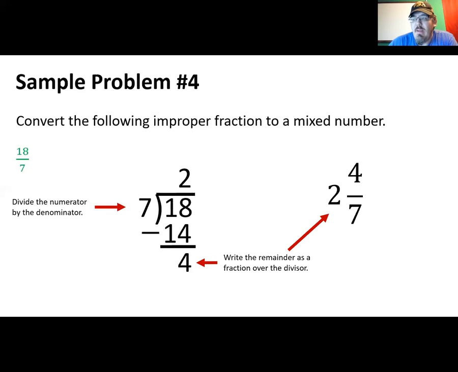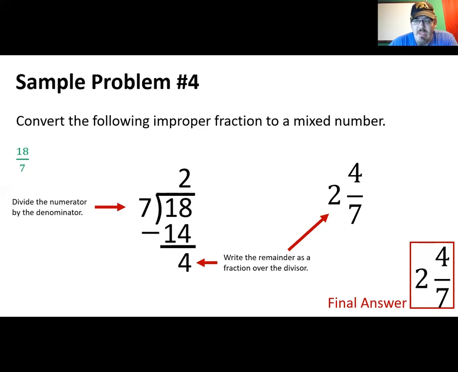So here's our mixed number, 2 4/7. Again, 18/7 and 2 4/7 are equivalent to each other. They mean the same thing. It's just that one is written as a whole number and then the fraction of another piece. The other one, the original improper fraction, is written as the number of pieces out of what each piece represents.